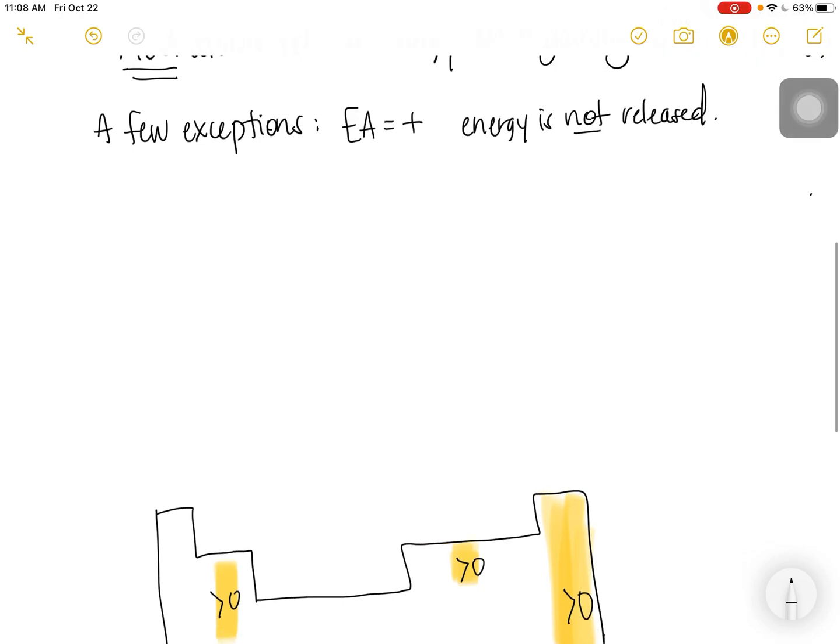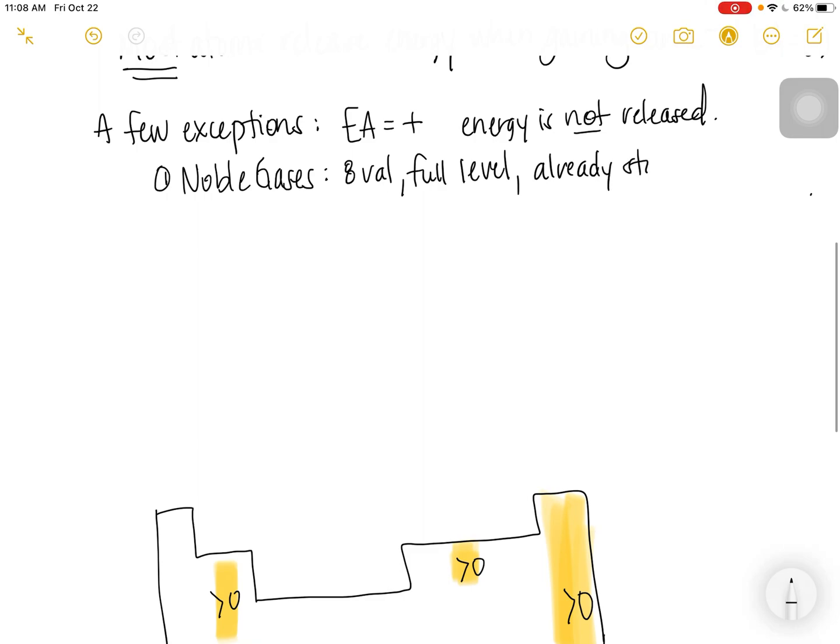Okay, so the first one is the noble gases. Well, we know that the noble gases already have 8 valence electrons. They have a full level. And they're already stable. So they have no interest in gaining an electron, okay? They do not want to gain an electron.